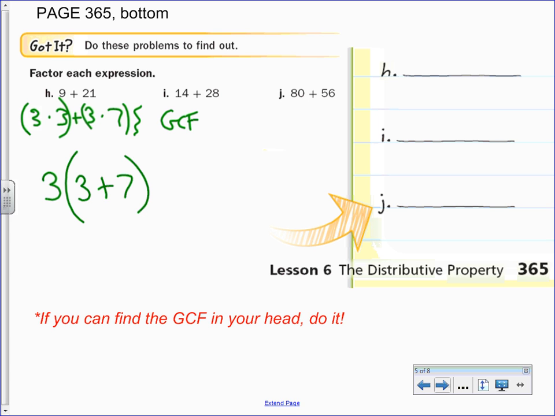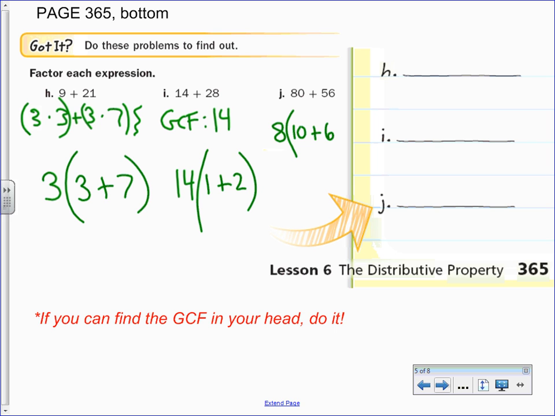What's the GCF of 14 and 28? 14. So 14 on the outside. 14 times 1 is 14, plus 14 times 2 is 28. See, it might be a lot easier. This one, 80 plus 56, a little bit hard to do in your head. 8's the GCF. 8 times 10 plus 8 times 6.